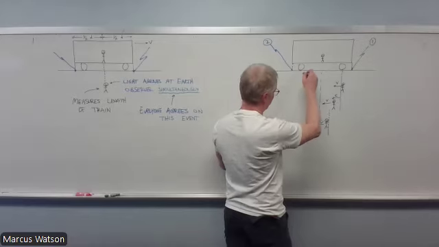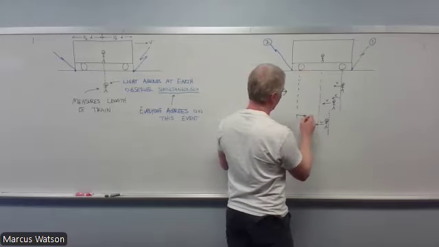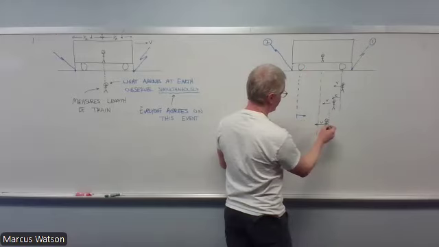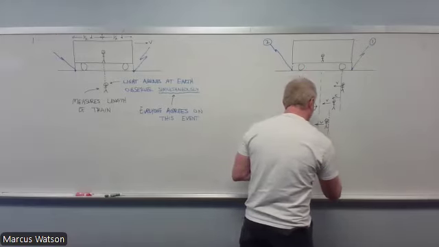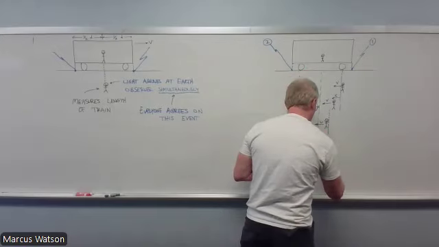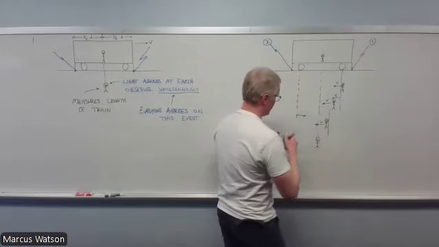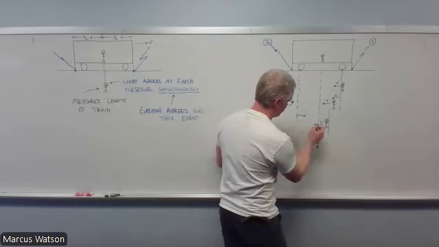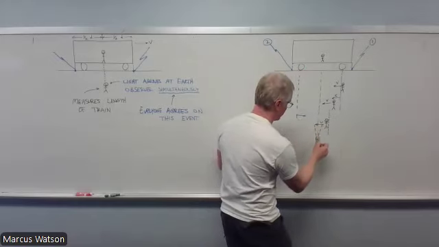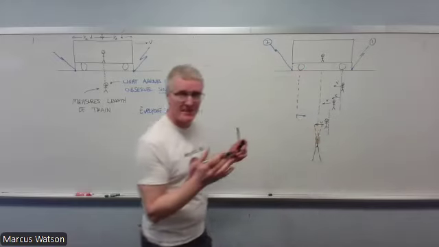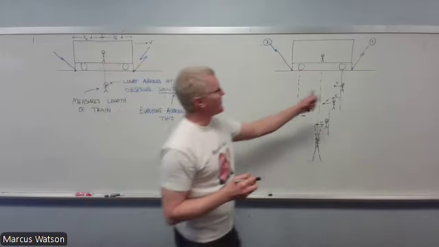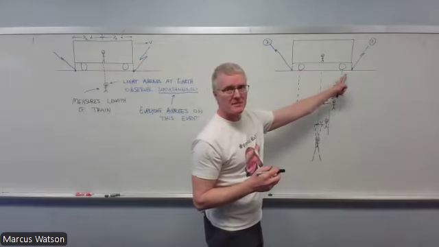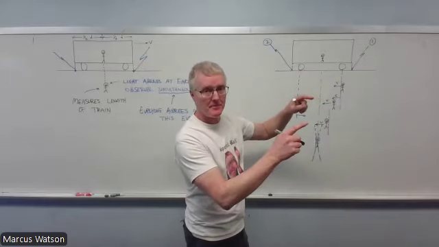So we're probably, say, here, and it's moving that way. And then by the time this person gets to here, this light beam is reaching from this side, this light beam is reaching from this side, and they say it's simultaneous.